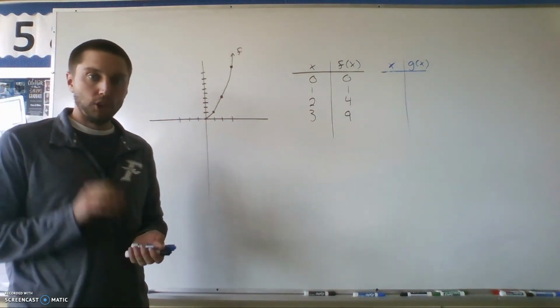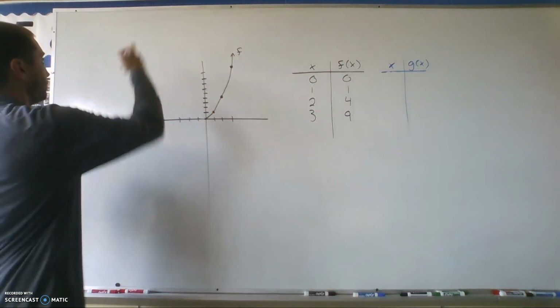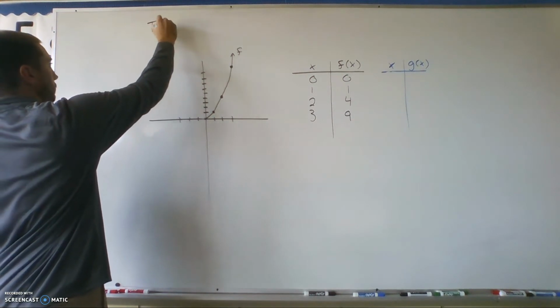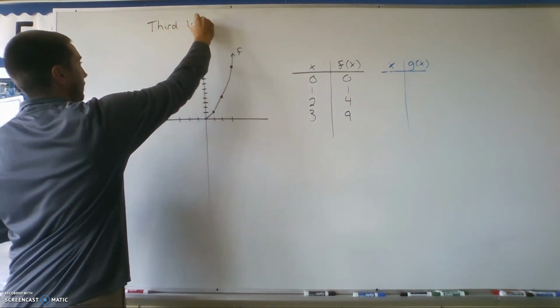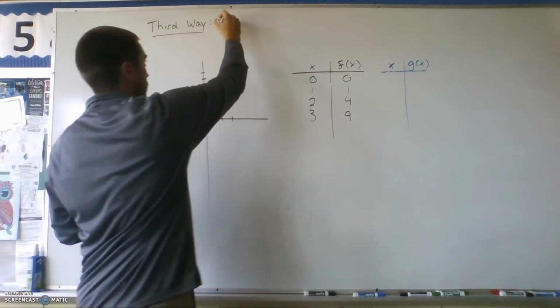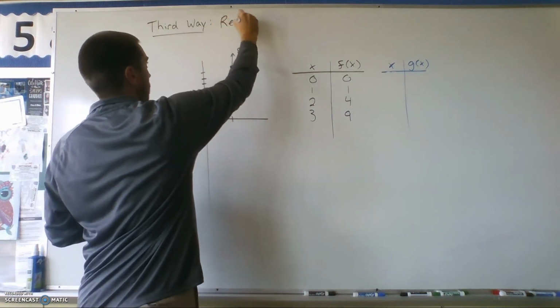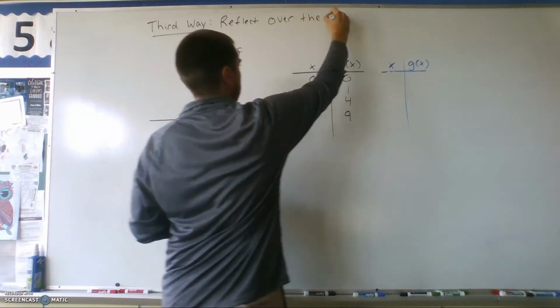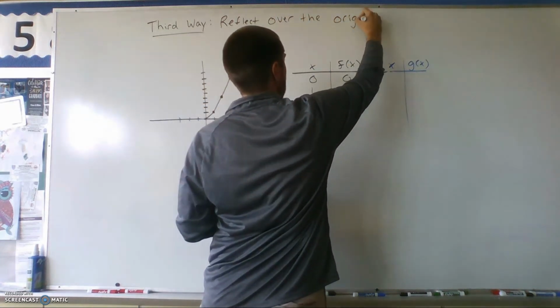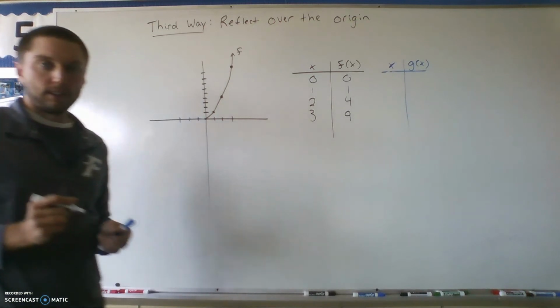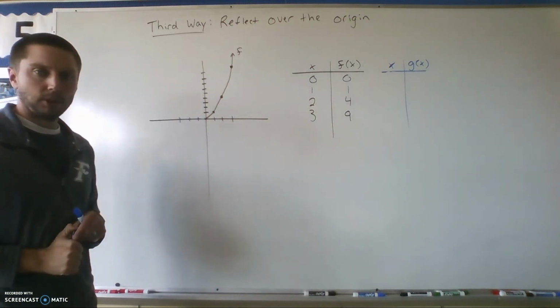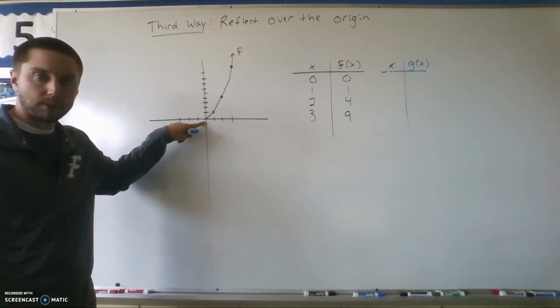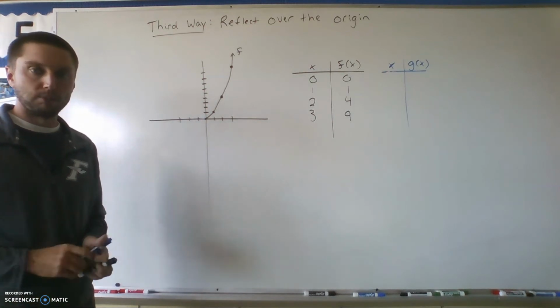Okay, and then the third type of reflection we can have is we can reflect over the origin. Now it's hard to know what that means because the origin is just a point, right? How can you reflect over a point?